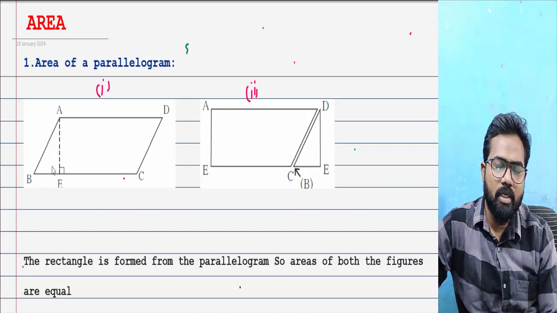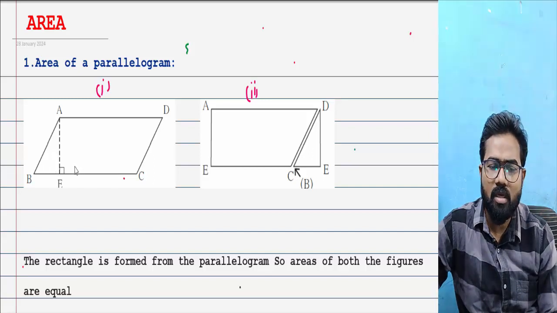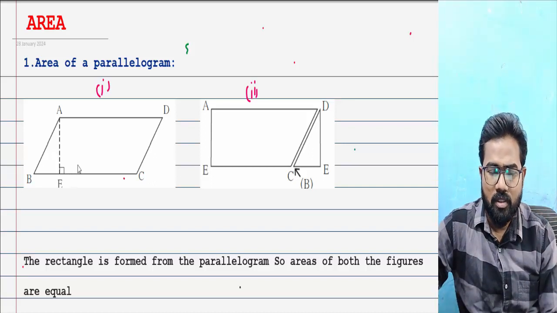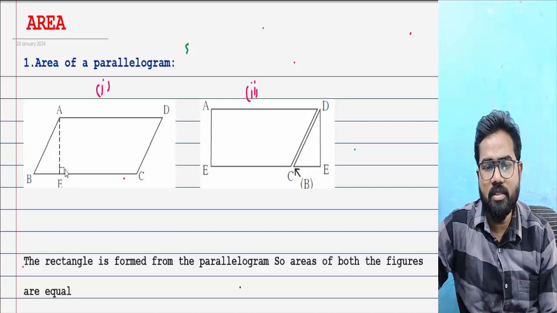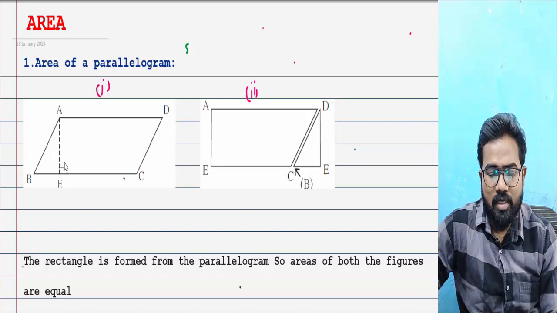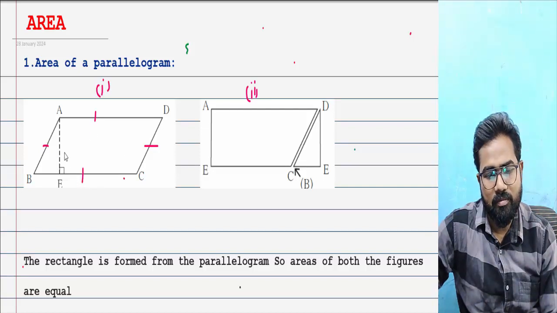A perpendicular indicates the height of the figure or diagram, the parallelogram ABCD. So this will work as the breadth, or you can say height also. Here AB is parallel to CD and AD is parallel to BC.